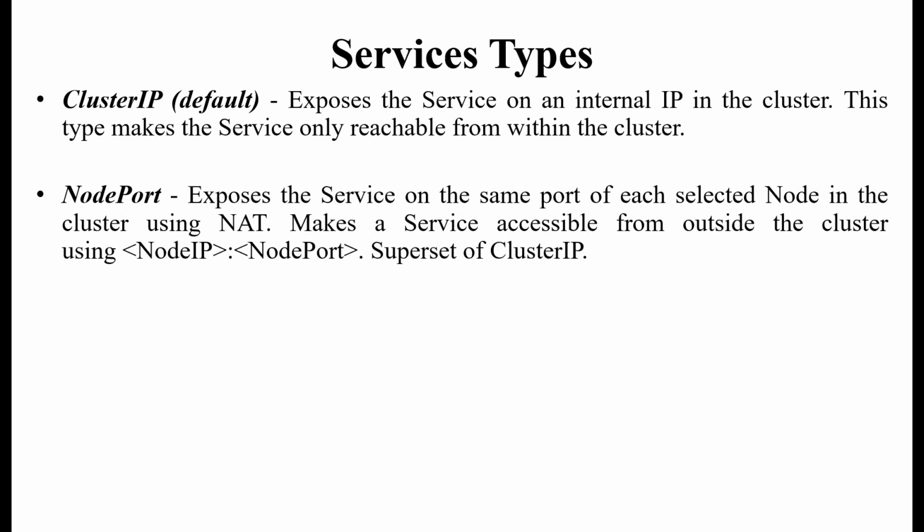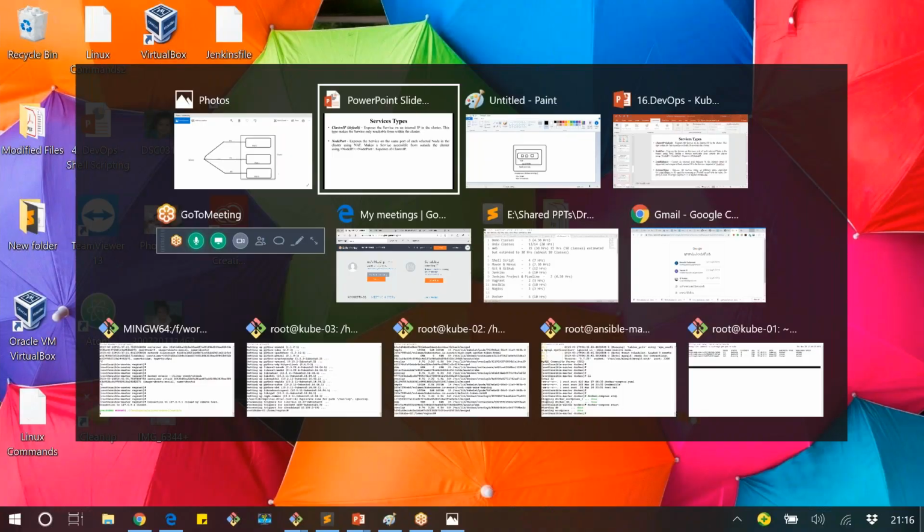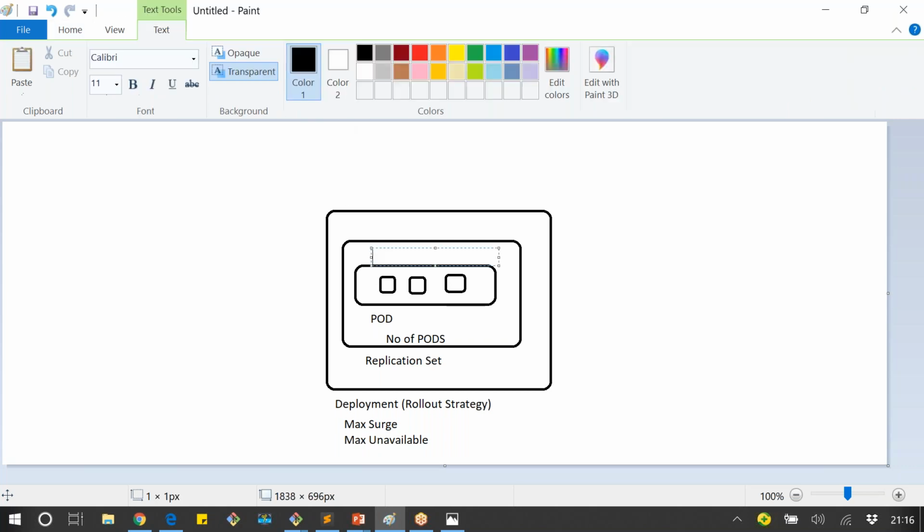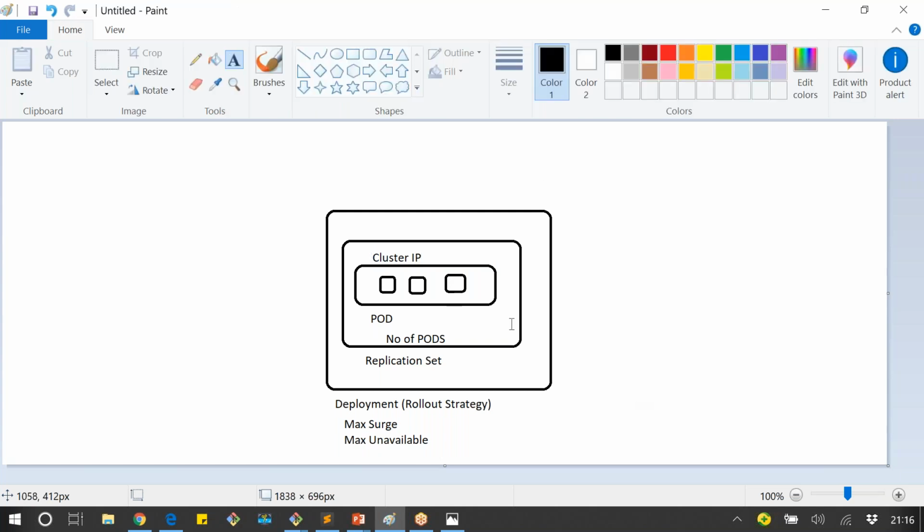But for the next level, if you just think about these diagrams, once pods have been defined, each pod is going to have its specific cluster IP. We cannot access this cluster IP from outside.